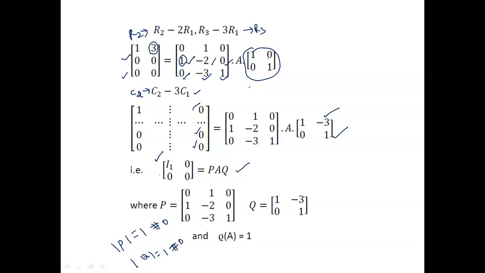Also, in the normal form, the order of the identity matrix is 1. Therefore, rank of A equals 1.